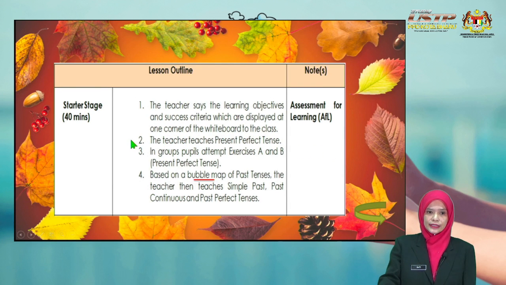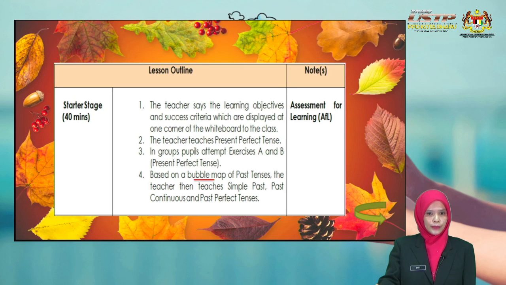And this is for the starter stage. For the starter stage, we have 40 minutes. The teacher says the learning objective and success criteria, which are displayed at one corner of the whiteboard, to the class. Then the teacher teaches present perfect tense.